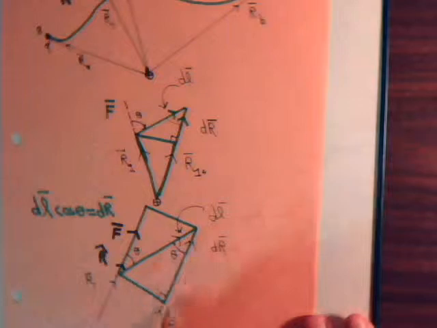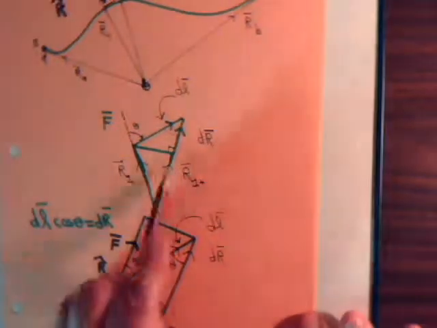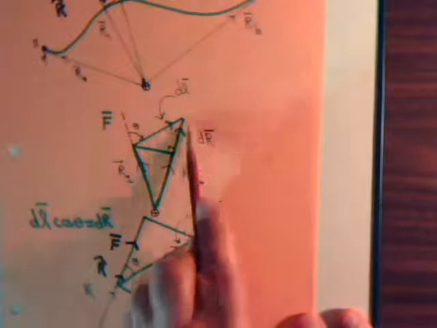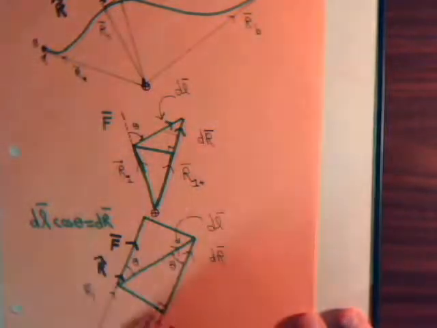And the reason why is these two are parallel to each other. So this and this are parallel. We drew this line here perpendicular to this one. That's right here when we were decomposing dl into its radial component. So this is going to be perpendicular to both r1 and r1 plus. So if this is angle theta, this is 90 minus theta, therefore this has to be theta.